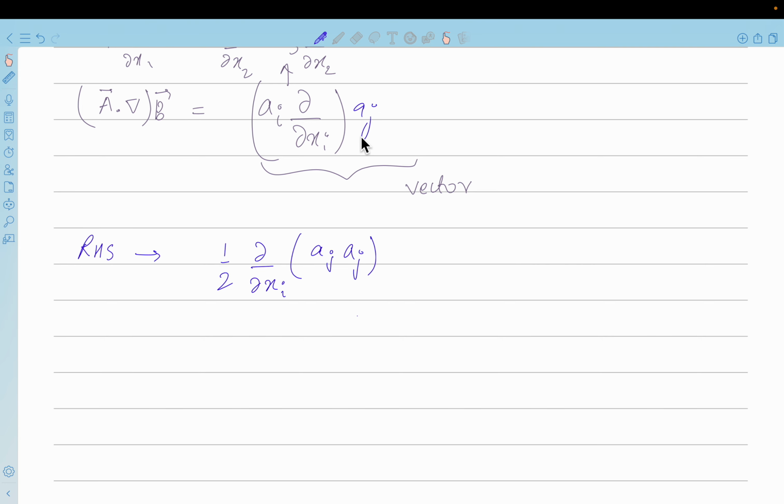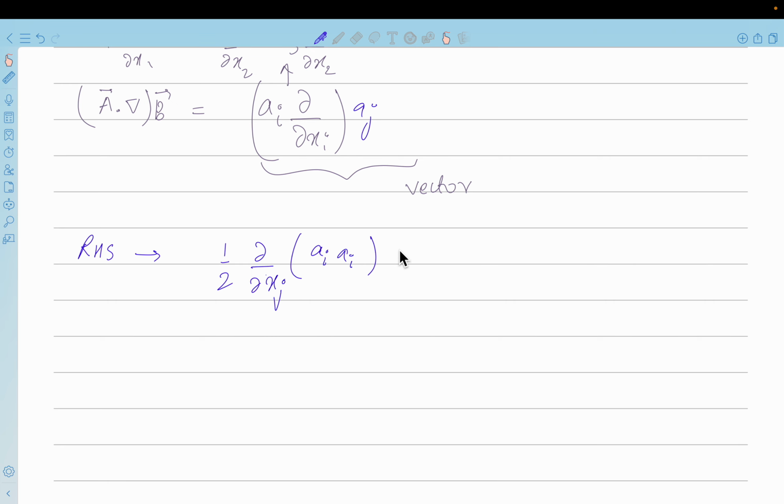But since on the left hand side I am taking J to represent the vector, let me first write the inner bracket. So that's AI, AI, and the vector term comes from the J coordinate, so I am going to write dou by dou xj.